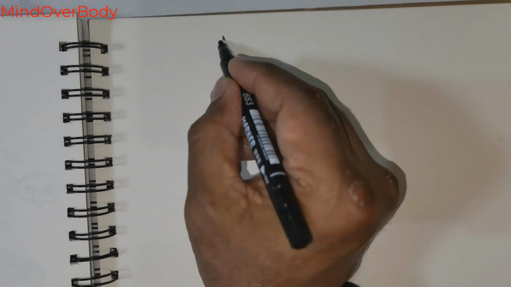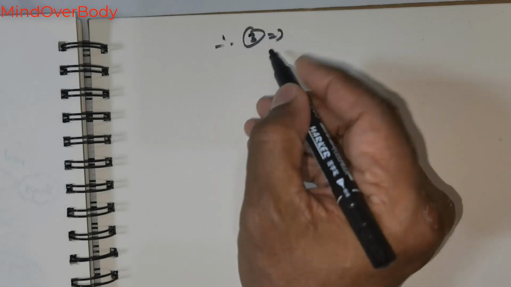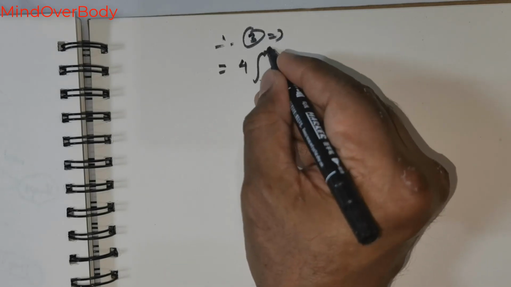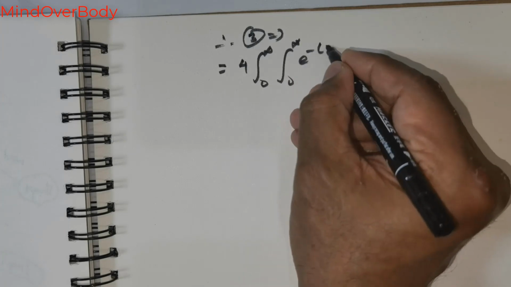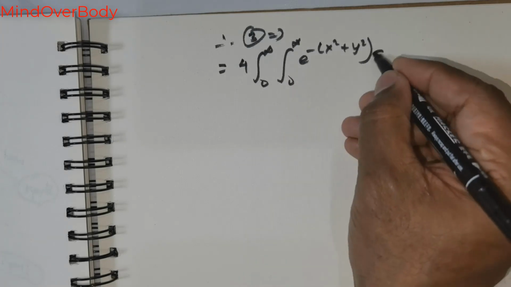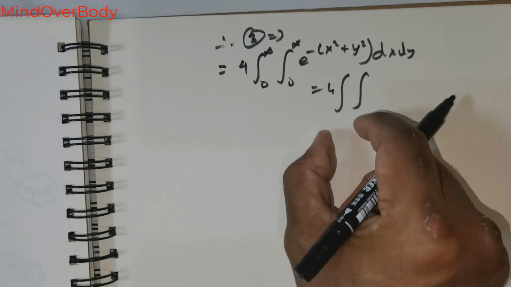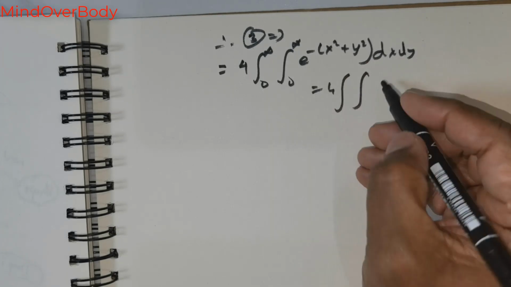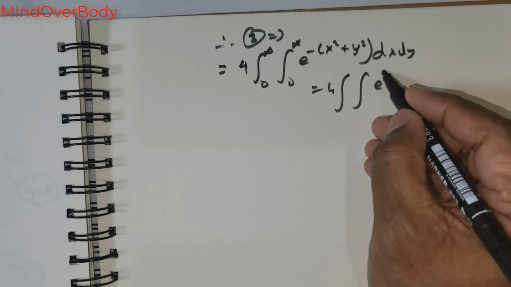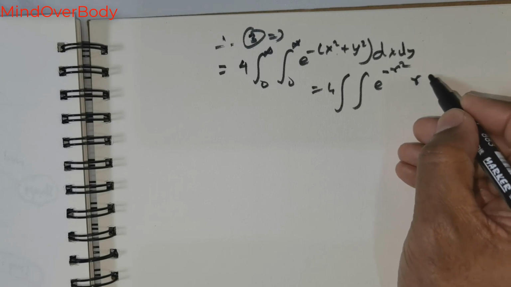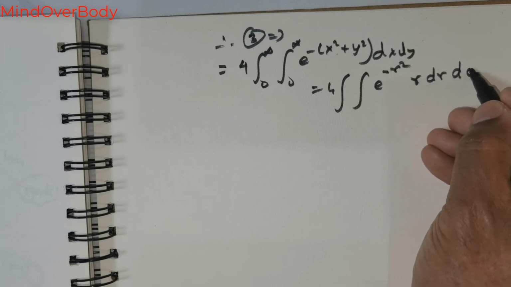Therefore I can rewrite 3. So what is 3? This is equal to 4 times the double integral from 0 to infinity of e raised to the power of negative (x² + y²) dx dy. I'm not going to touch anything with the limits as of now. x² + y² is r², and dx dy is r dr dθ.